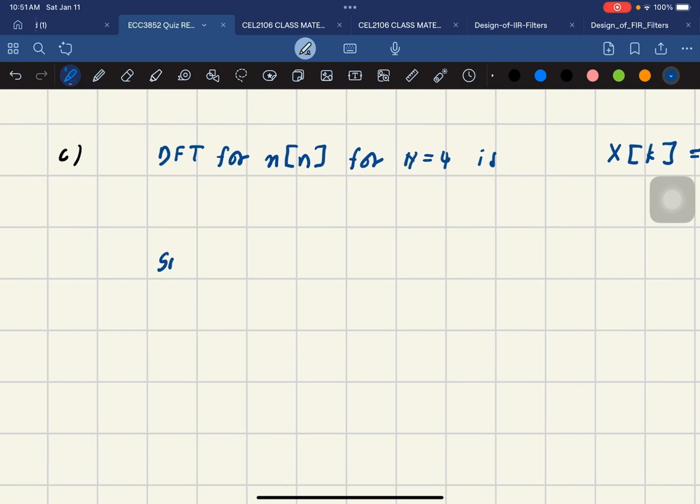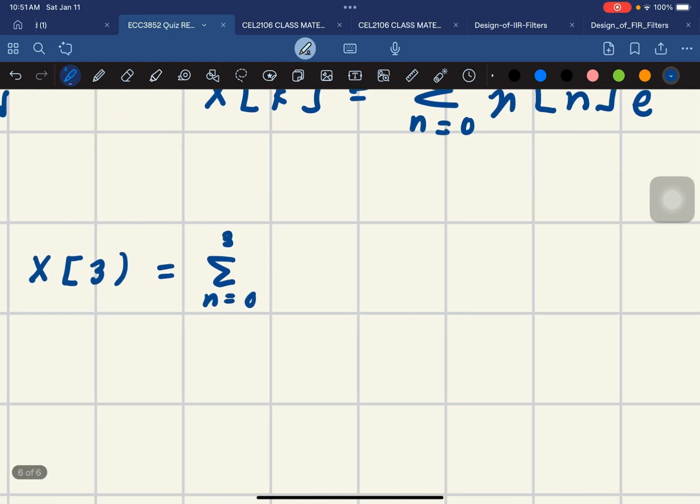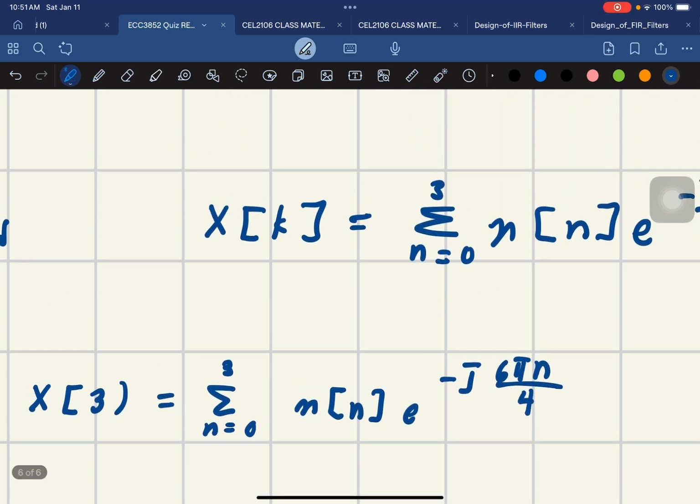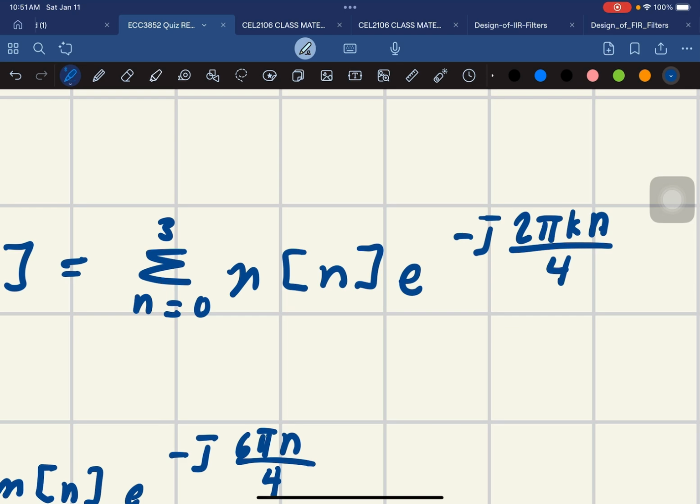Since we need k equal to 3, the sum from n equal to 0 to 3 of s[n] e^(negative j 6 pi n over 4), because 2 multiplied with 3 will be 6.